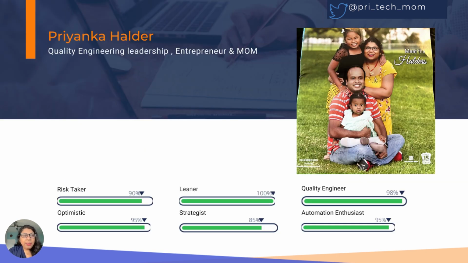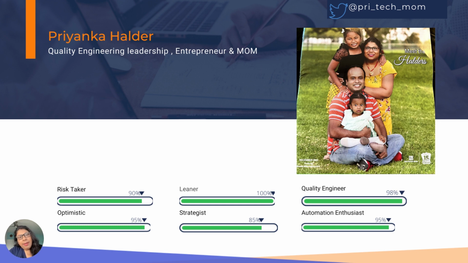So something about me, I've been in quality engineering leadership the last 15 plus years. I'm an entrepreneur and a mom. Entrepreneur in the sense that I have my own company called the Lean Starter LLC. What I do is I help series A and B companies who are smaller with small budgets.